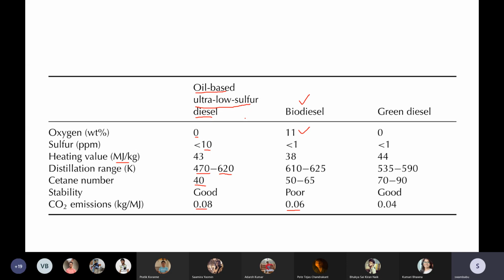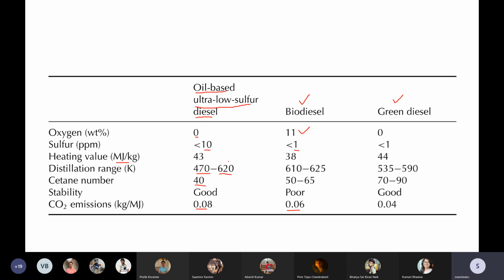Of course, some countries make biodiesel from sugarcane juice, sugarcane extract, which has easily dissolvable sugars, and they use it totally in their own vehicles. Sulfur content is very, very low. That is the big advantage of green diesel and biodiesel. If sulfur is very low, H2S, SO3 and SO2 emissions are very low.